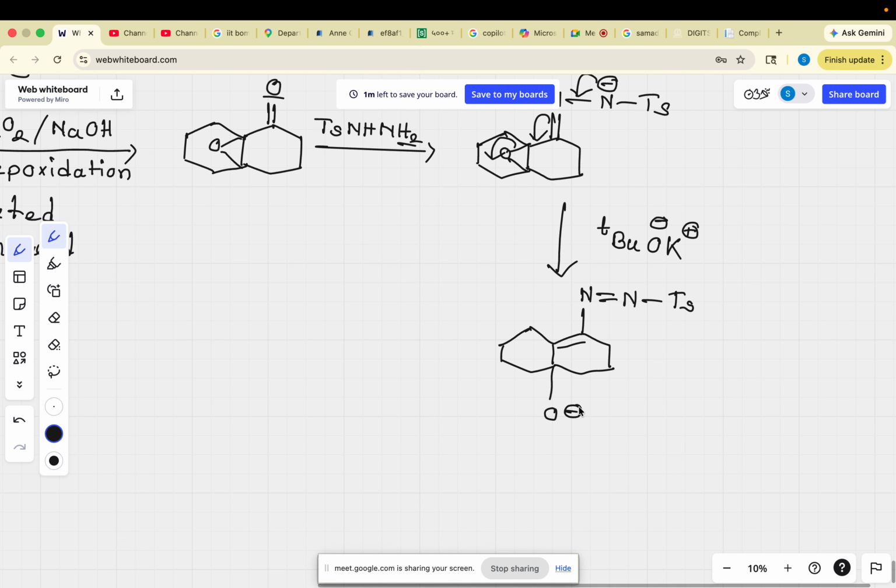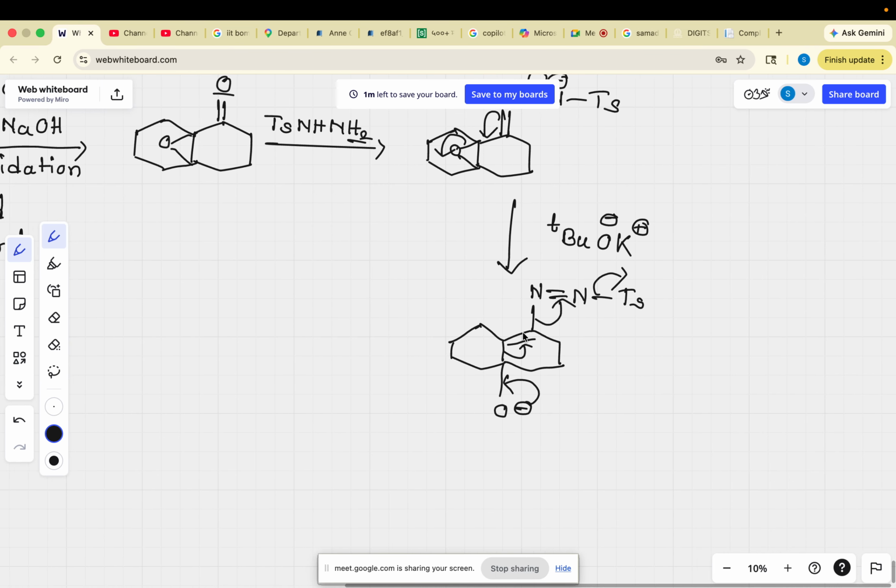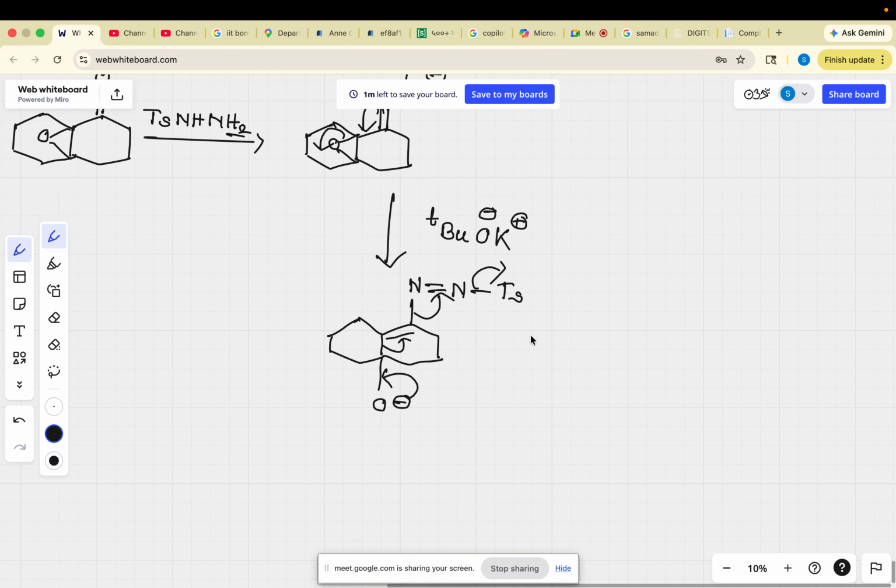See, this O minus will push its electrons to here, and this sigma bond will break. Ultimately nitrogen is released from here, and this tosyl group is also released. If you are not able to understand, you can draw it in chair form also.